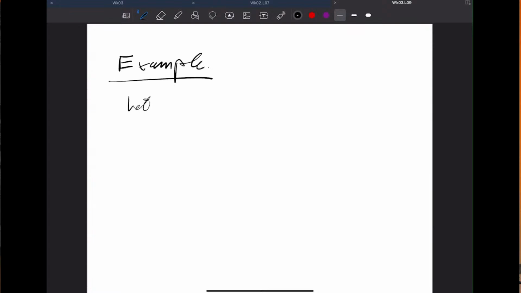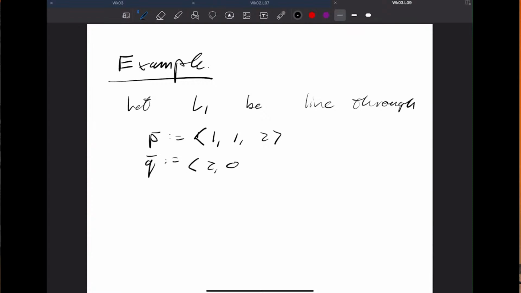So let L1 be the line through the points P, which is (1, 1, 2), and Q, which is (2, 0, -1).